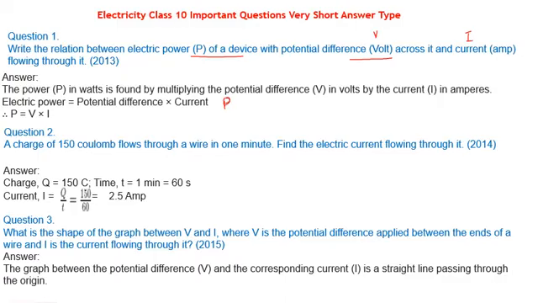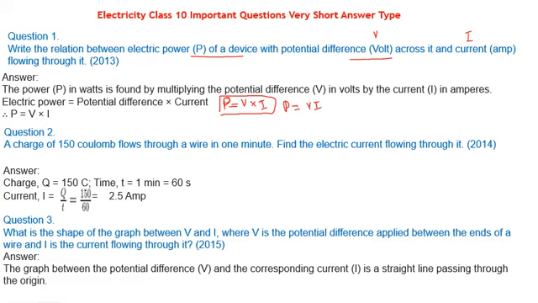More the voltage difference, more the power. More the voltage difference, more the current. So power is equal to V into I, or we can write P equals VI. This is the relationship between power, voltage and current.